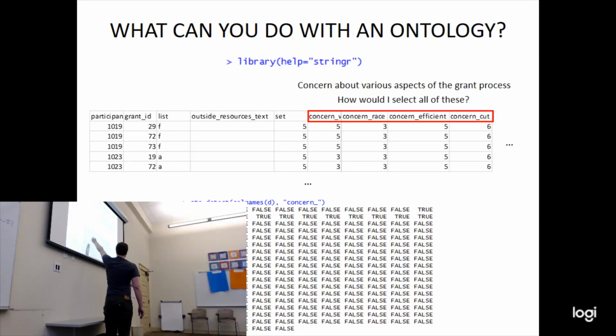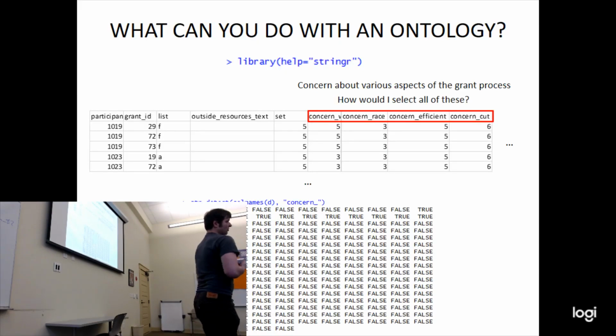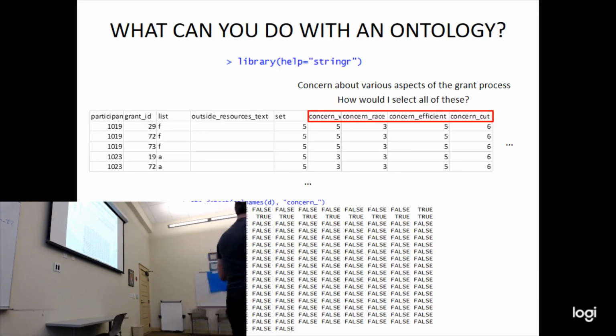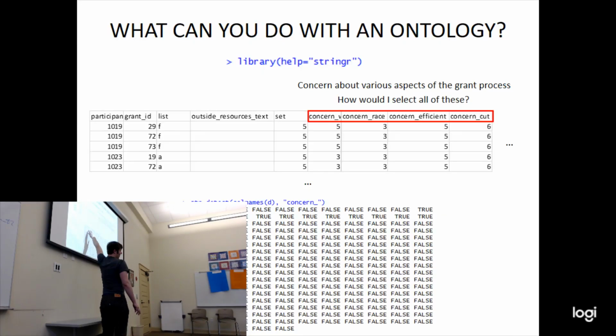For each column name, it's going to give me a TRUE or FALSE if concern underscore is found in the column name. I've only used concern underscore to indicate variables that belong to this concern scale. So this is only going to be TRUE if the variable in question is one of these concern items.